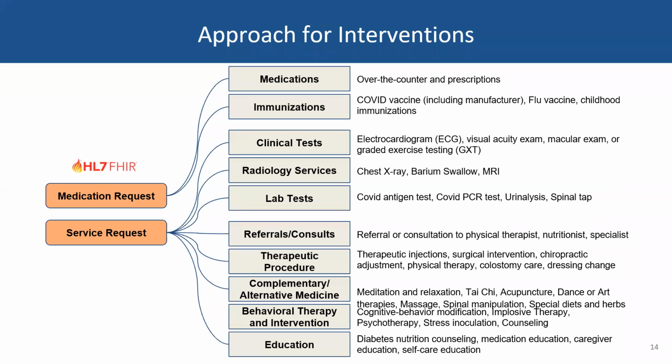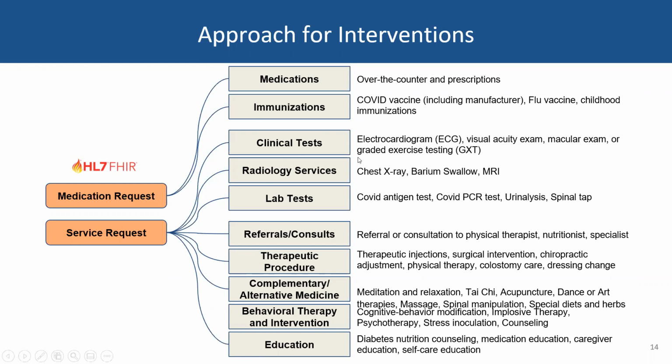Medication request includes medications, so these are over the counter as well as prescription. It includes immunizations, and I believe Audi asked whether or not for the COVID vaccine you can specify which manufacturer the vaccine was made from. When it says COVID vaccine, you can have the manufacturer, the type, all that information included and be able to be shared.